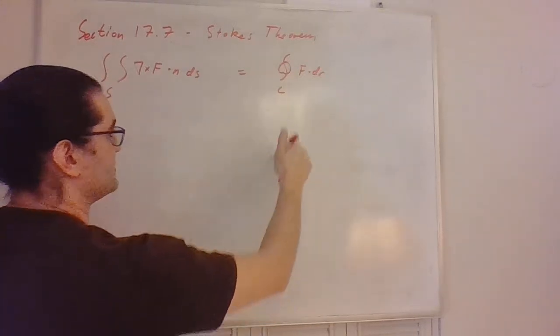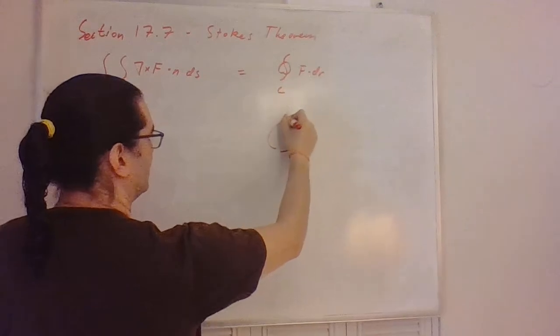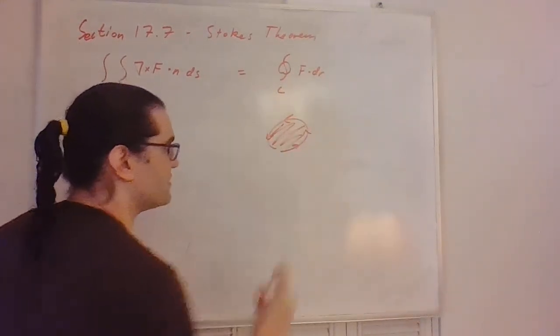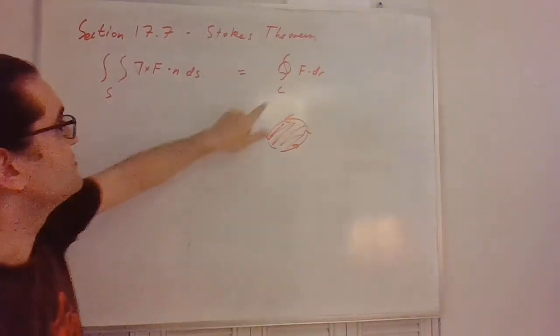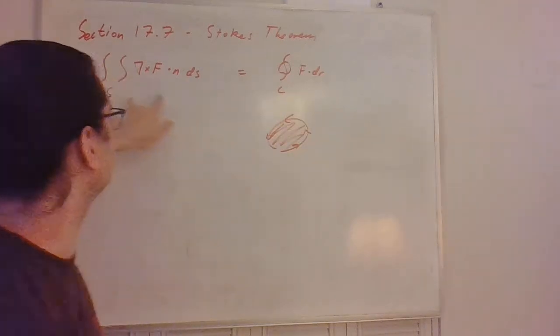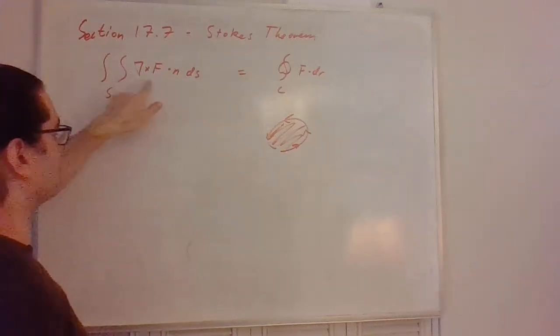Instead of going around in a circle with your path, you can just shade in the circle, and now you have a disk. Now you have a surface. So instead of doing the line integral around the circle, you can do the flux integral through the disk of the curl of the vector field.